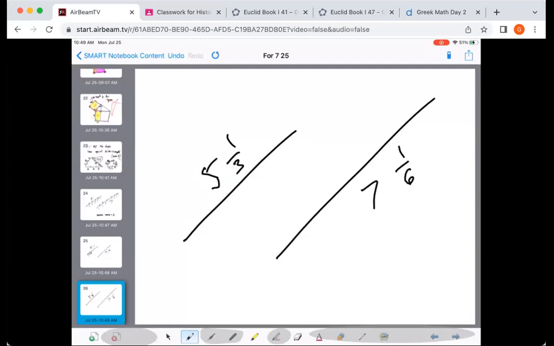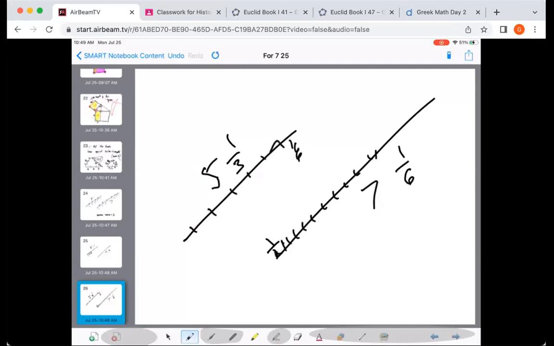Anyone have a thought of what would be a good common measure, a thing that can be spread out among both of those? You could type it into the chat. One third won't work because you can't get the 7 1/6, but 1/6 does work. So I could have all these 1/6s and all these 1/6s.